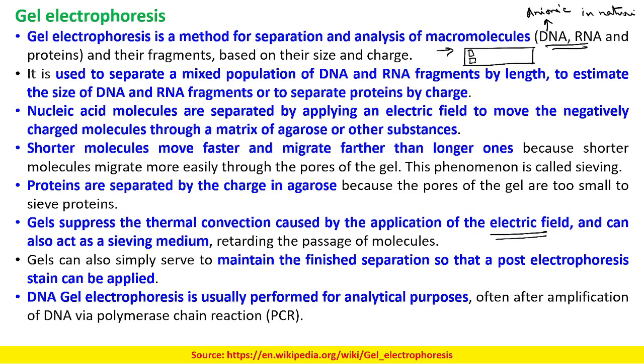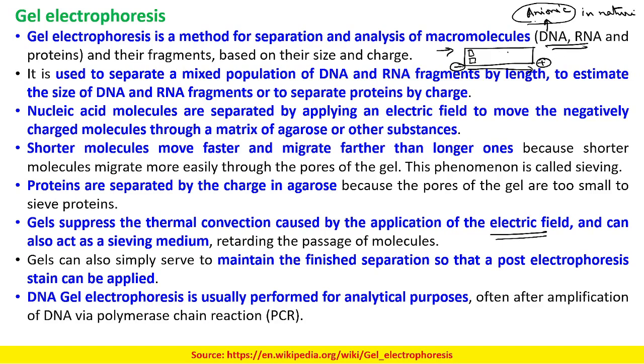Now, in which direction do we want the separation to happen? We want the separation to be away from the well, right? So what we should have? The anion should move towards the anode, and here we will be having the cathode. Okay, anion moving towards the anode.